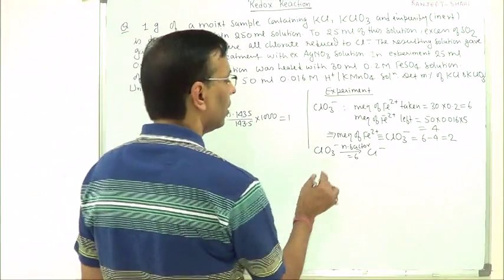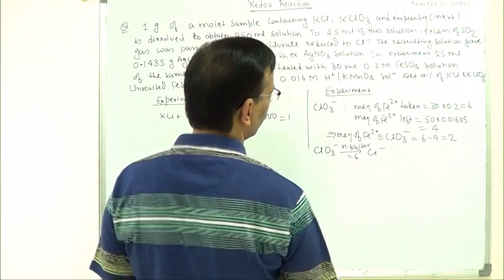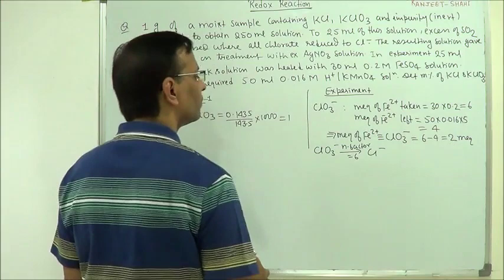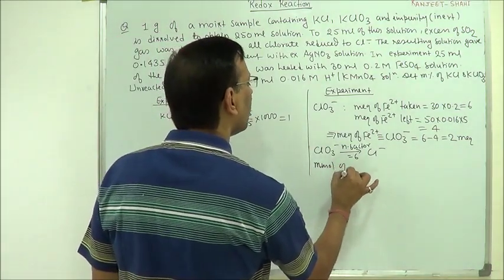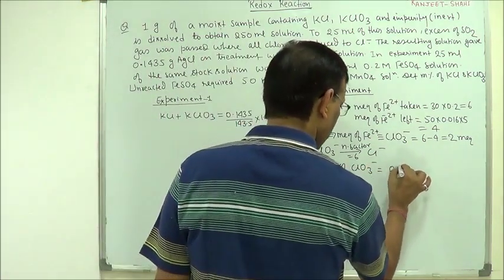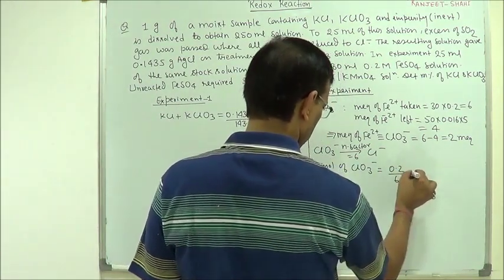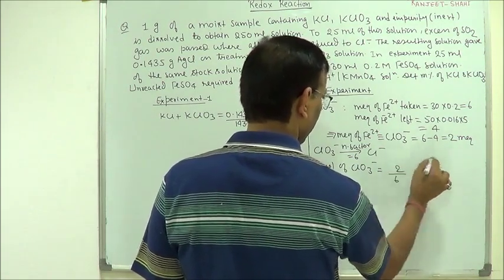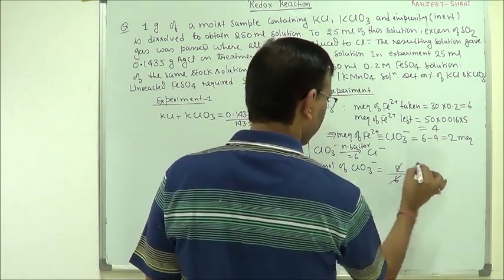So for chlorate we can convert this milliequivalent into millimole. So millimole of ClO3- will be equal to 2 divided by 6, 2 milliequivalent divided by n factor. So 1 by 3, so 0.33.